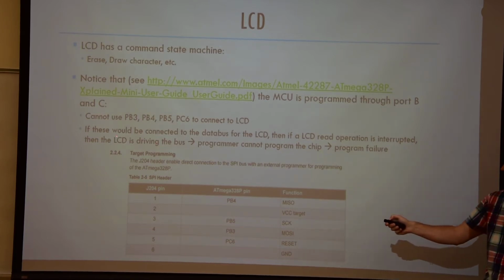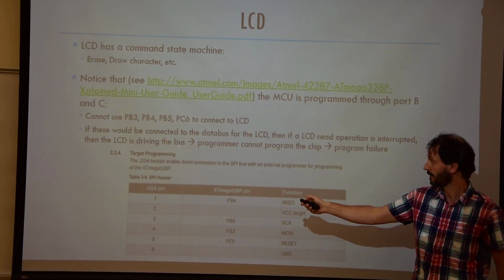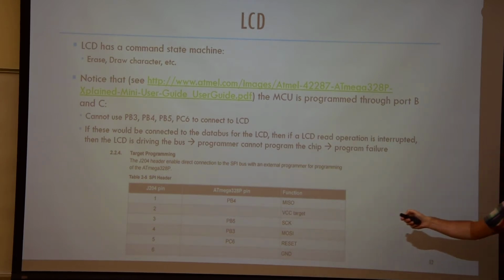If you would connect these right to the LCD screen, then if you do an LCD read operation, because it turns out you can also read from the LCD screen if you want to, and that LCD read operation is interrupted, then the LCD is going to drive the bus from that moment onwards.